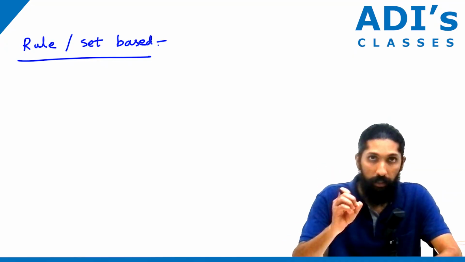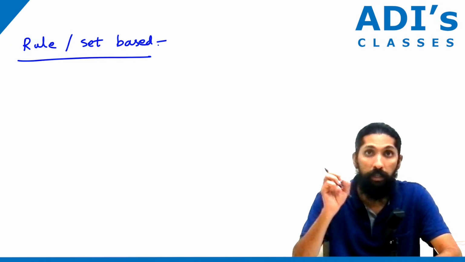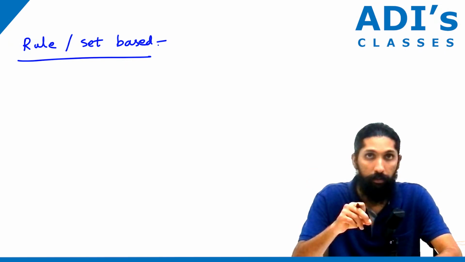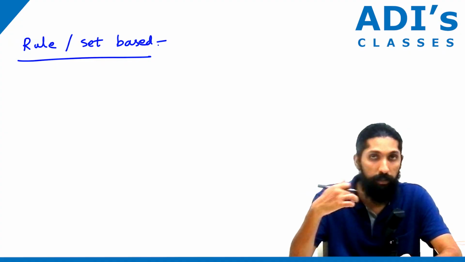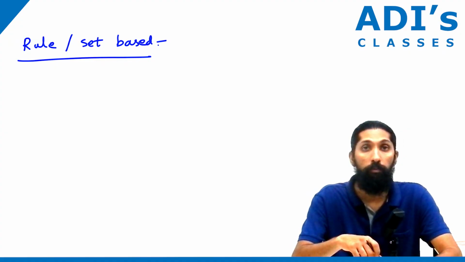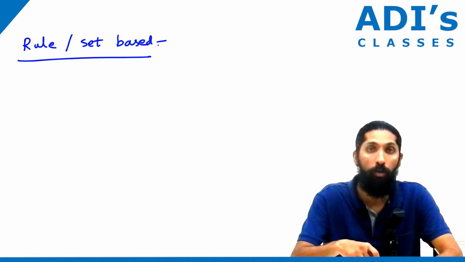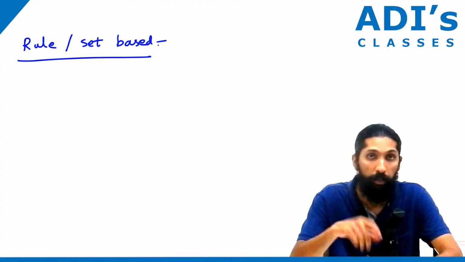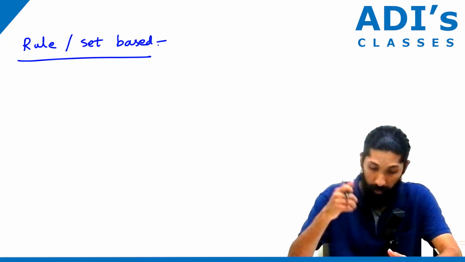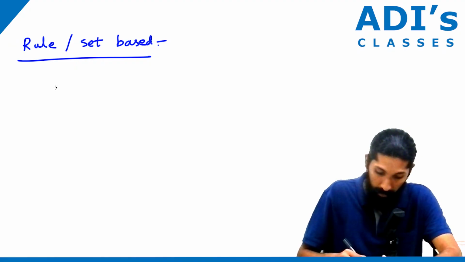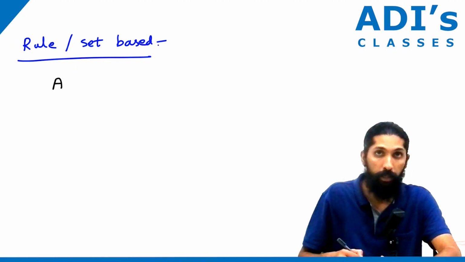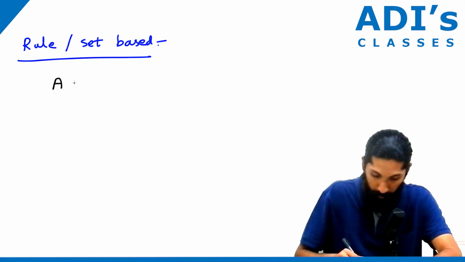A set is always represented by a capital letter. Any capital letter you can choose. Also, whenever we write a set, we always write it in a flower bracket. Suppose A is the set we are looking at. Capital A is equal to.